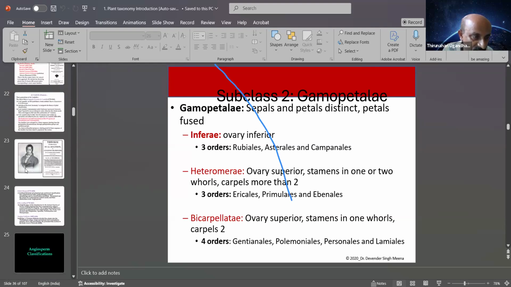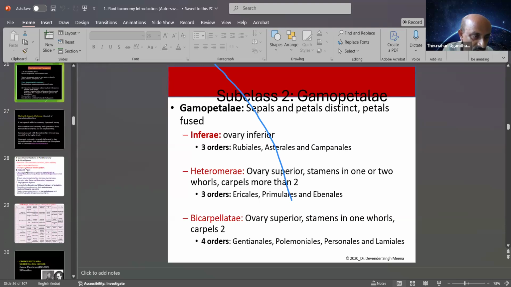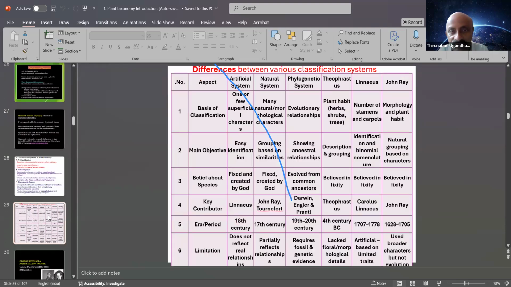What are the differences between the various classification systems? This is important. The comparison covers the basis of classification, main objectives, belief about species, key contributors, era period, and limitations.